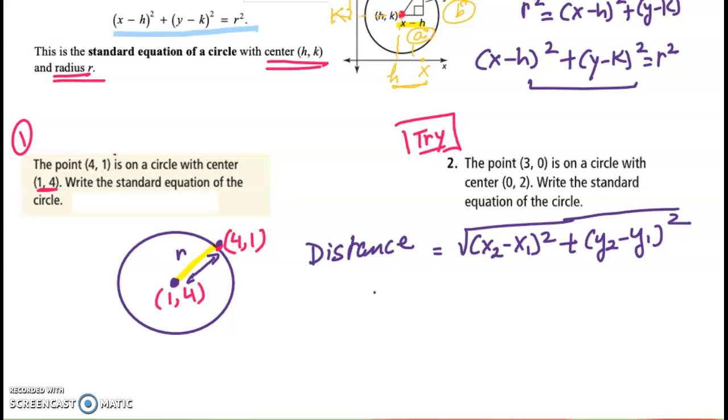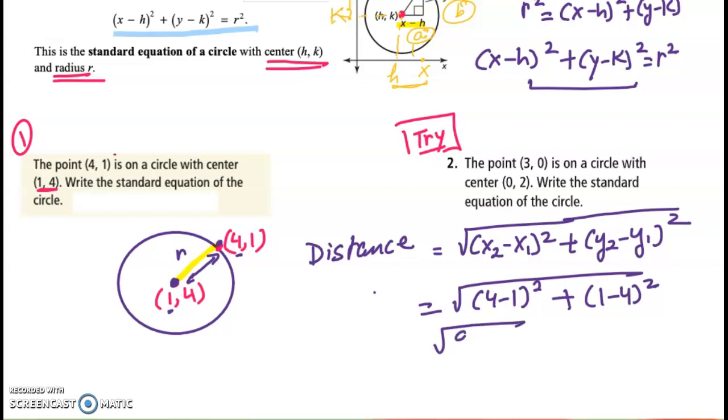Let's plug the values in: 4 minus 1 squared, and 1 minus 4 squared. In both cases, I will get 3. So 3 squared is 9, and 3 squared is 9. I will get radical 18.